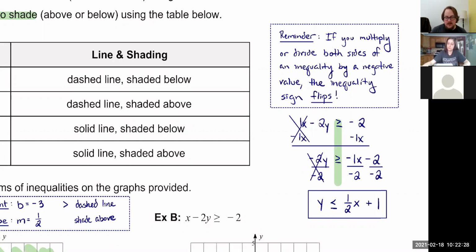Let me keep a note nearby so I can keep track of those problems. So again, won't apply every time, just when we're multiplying or dividing by a negative. But when it does happen, it does change what our graph ends up looking like.